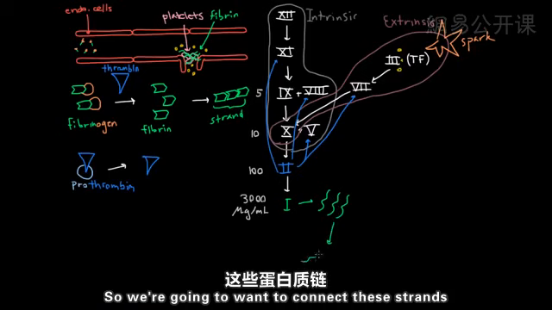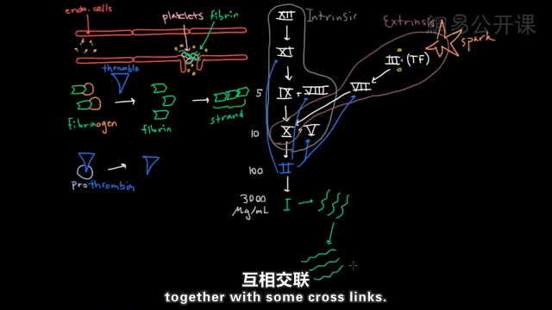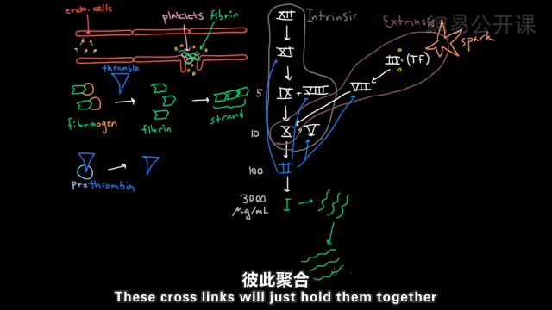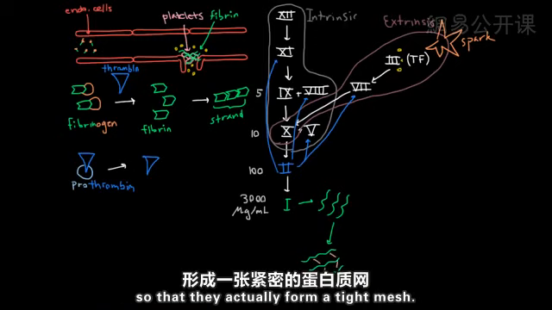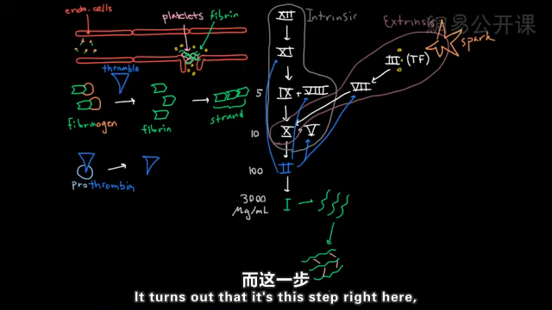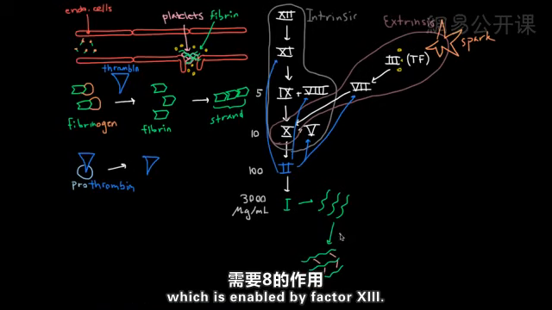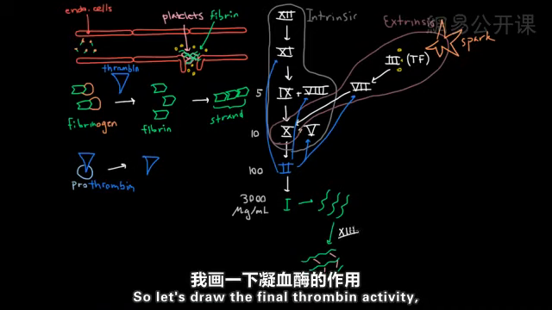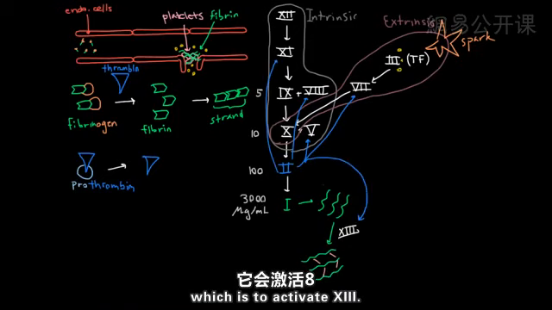And so we're going to want to connect these strands together with some crosslinks. These crosslinks will just hold them together so that they actually form a tight mesh. And it turns out that it's this step right here which is enabled by factor 13. And so let's draw the final thrombin activity, which is to activate 13.